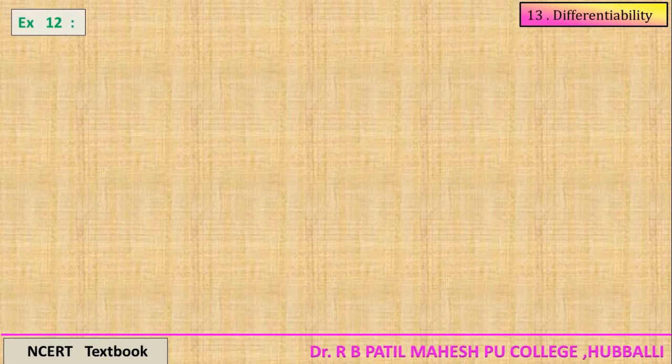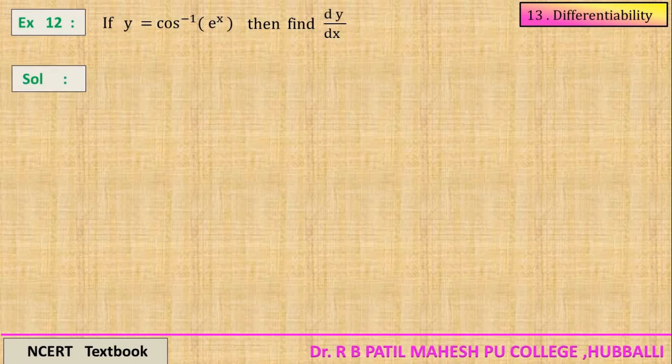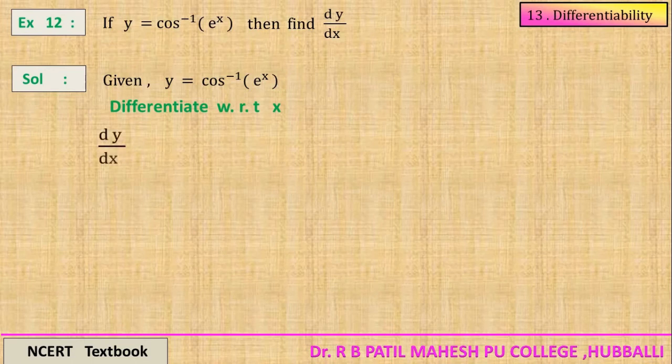Next example, if y is equal to cos inverse e raised to x, then find dy by dx. It is the composite of inverse function. Write given function y is equal to cos inverse e raised to x, differentiate. So what is the derivative of cos inverse?